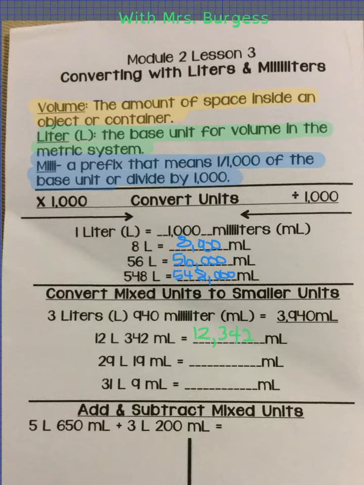Be careful. 29 liters, we know how many that is in milliliters, but 19 milliliters. So 29 liters is 29,000 milliliters and 19 milliliters. So I don't have any hundreds. Be careful that you don't mix that up.